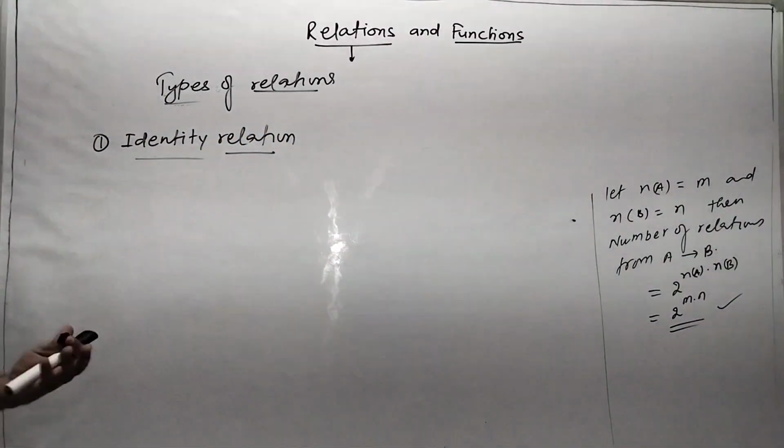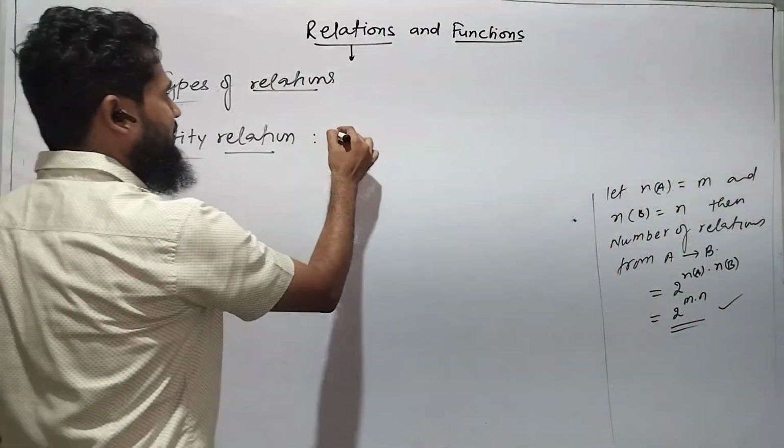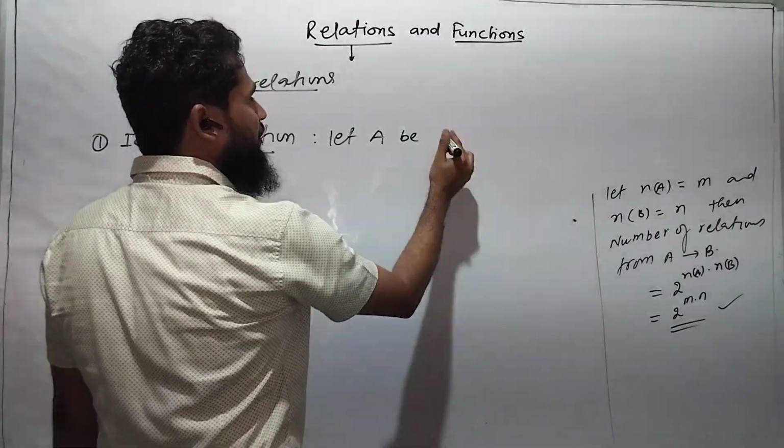Now, how we can define identity relation? Let capital A be a non-empty set.